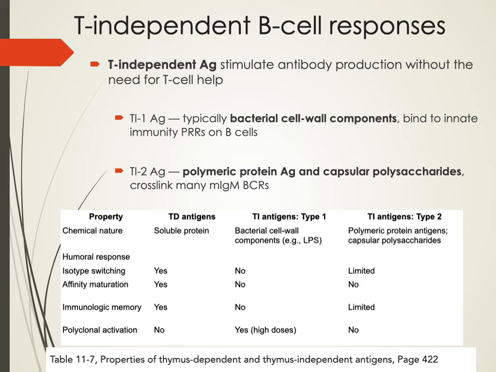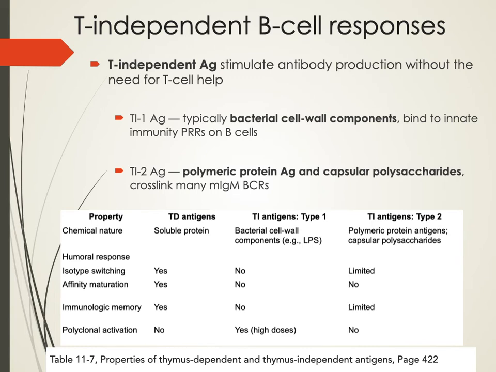Typically, the T-independent 1 response is where we have initiation of pattern recognition receptors on the B cell. That could be bacterial cell wall components like LPS that are recognized by the pattern recognition receptors, leading to the activation of that B cell.